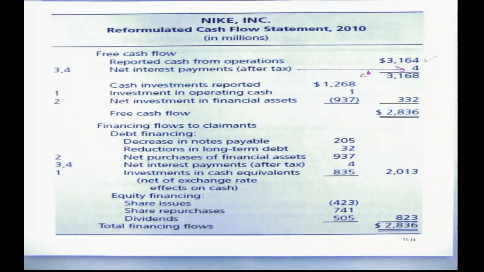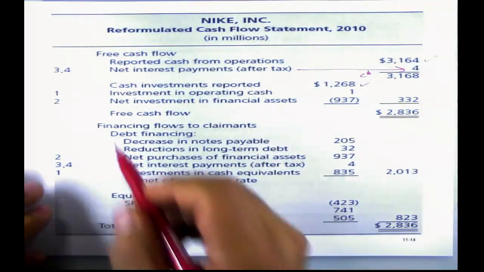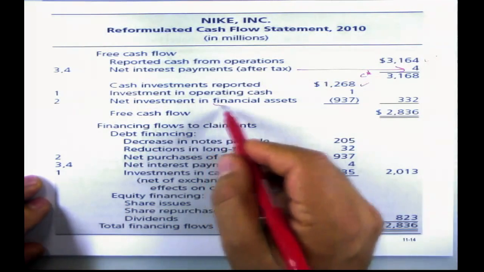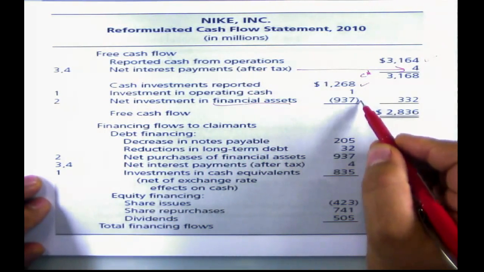You remember this figure? Okay. Now we need to calculate I. We take the reported I. We exclude the net investment in financial assets because it is a financial or financing item. So we need to remove it.